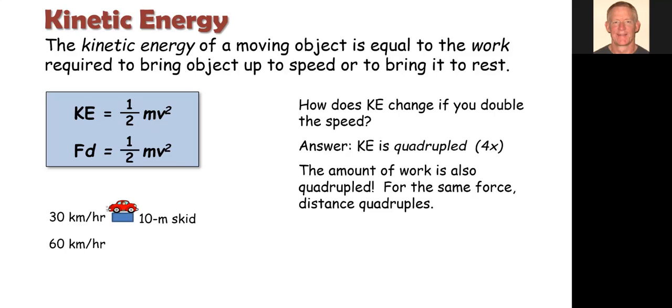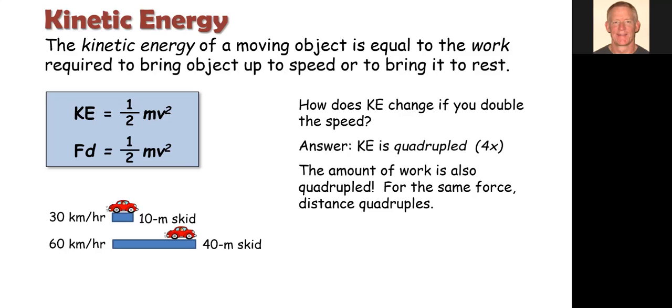Well, it's going to quadruple the energy. And so if the energy is quadrupled, then the work done also has to be 4 times as much to slow the car down. Now, the brakes can only apply so much force. That's going to be the same. So what does change? The distance that we skid, right? So the distance is now going to be 4 times, or 40 meters, to come to a stop.